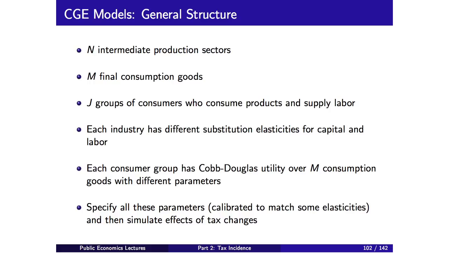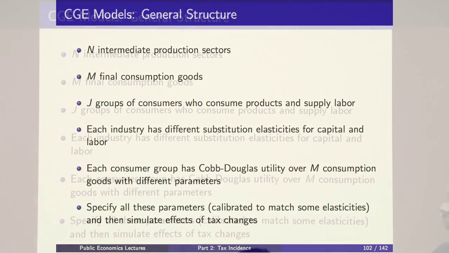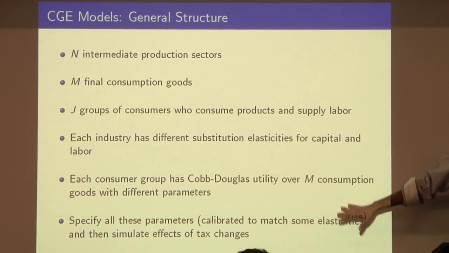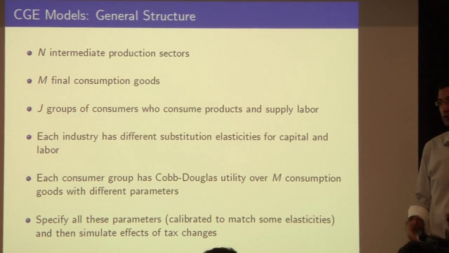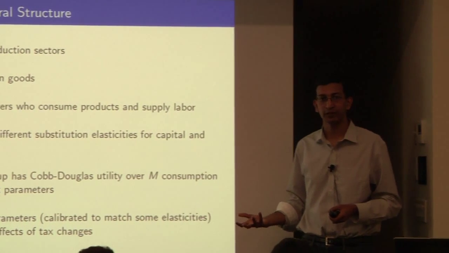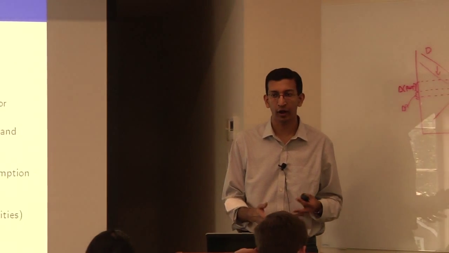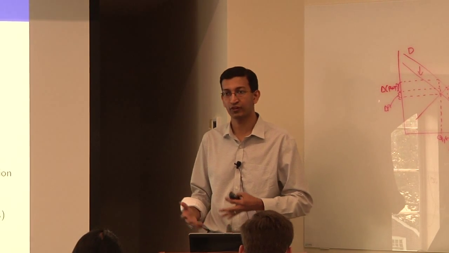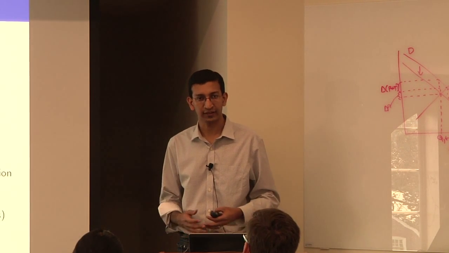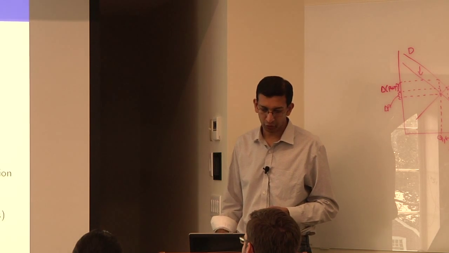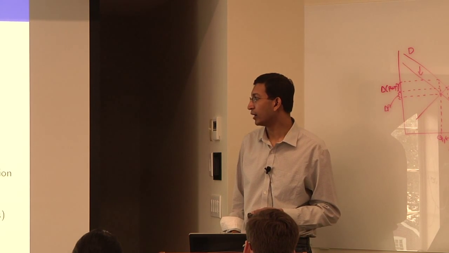This approach has a lot of intellectual value because if you feel that you've actually done the specification correctly, you can do any number of policy experiments in that model very easily, right? You can have all kinds of different complicated tax systems, figure out what's functioning the best, how it's affecting everyone, and so forth. But you're putting a lot of weight on those assumptions.